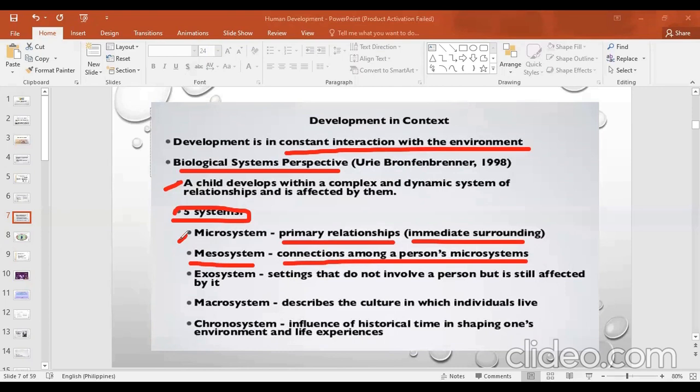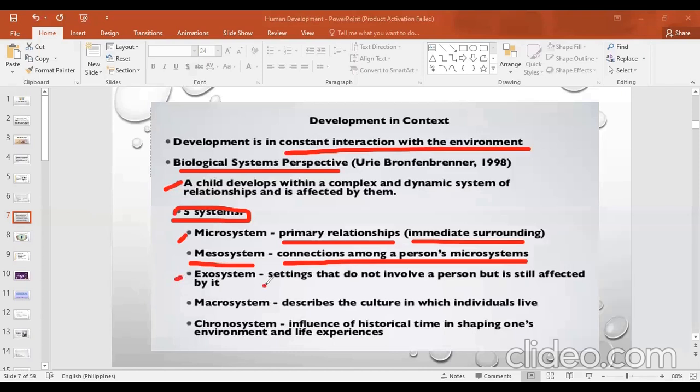For example, a child's mesosystem might be your home, or even your school, or your peers, even your family, or your family and your school.